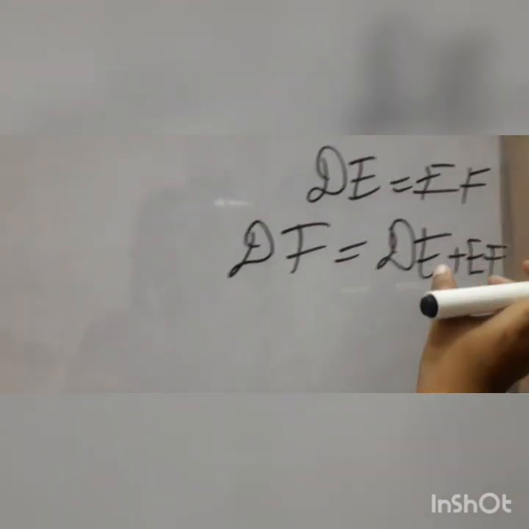So next here DE is equal to EF. That means DF is equal to DE plus EF. So we can say DE and EF are the same, so we can write it as 2DE, right?